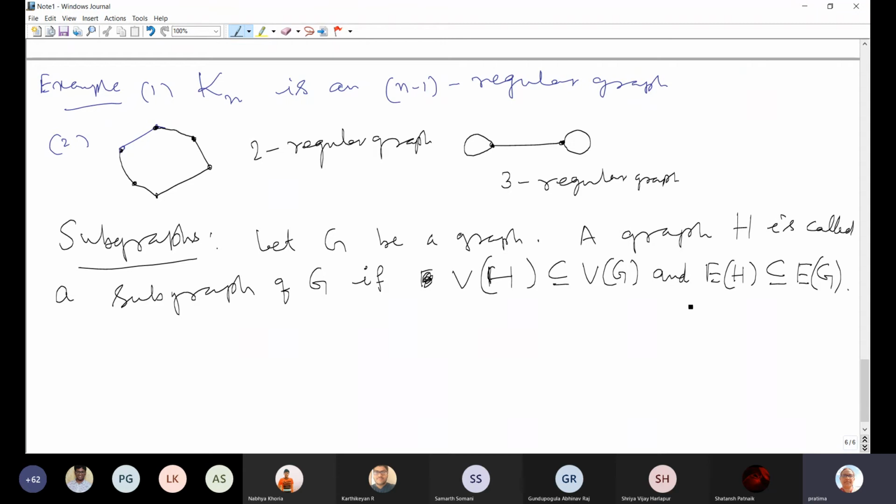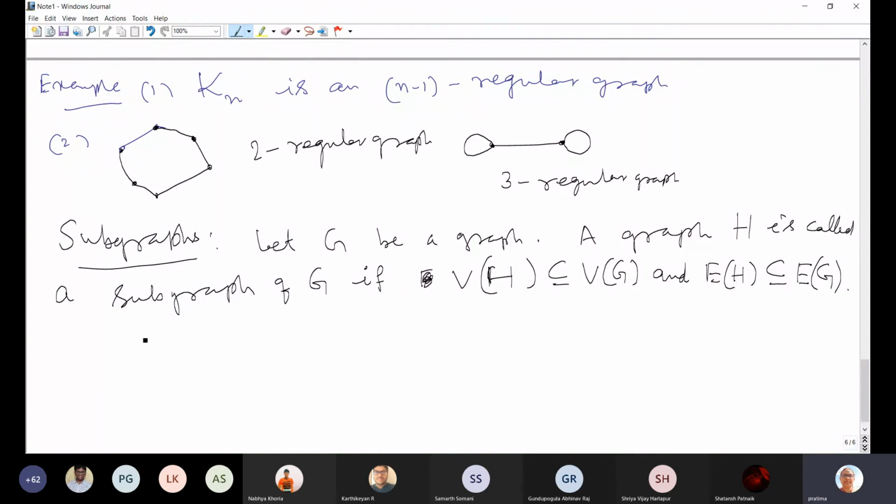This is the natural way that we can define a subgraph of a graph. A graph H is called a subgraph of G if the vertex set of H is contained in the vertex set of G, and the edge set of H is also contained in the edge set of G. Both have to be contained in G. Let me quickly give one example here.